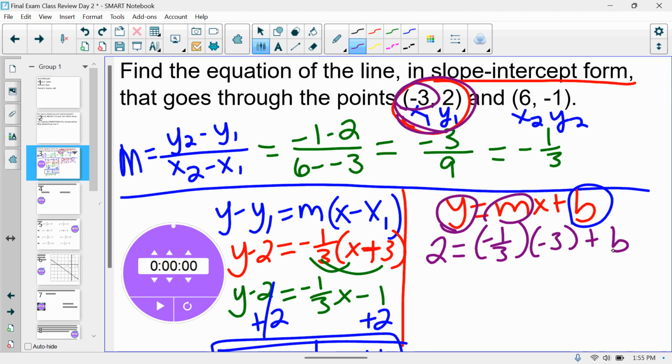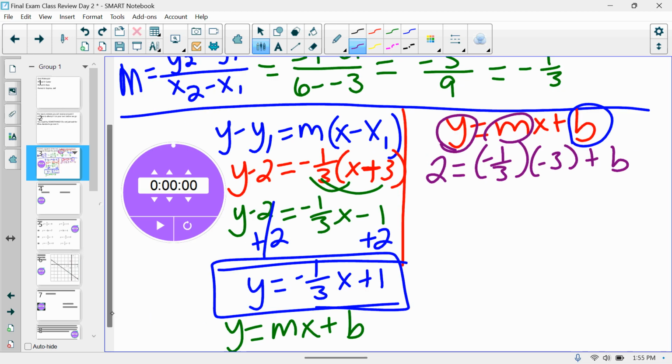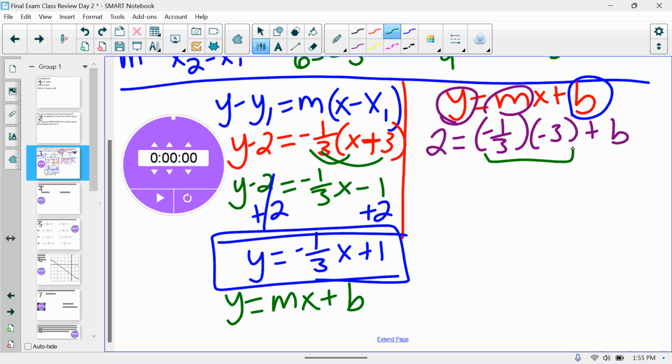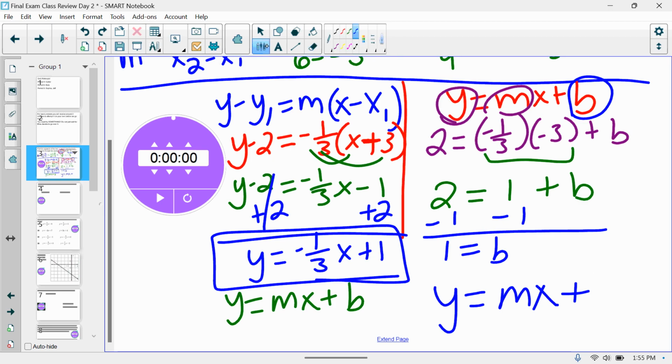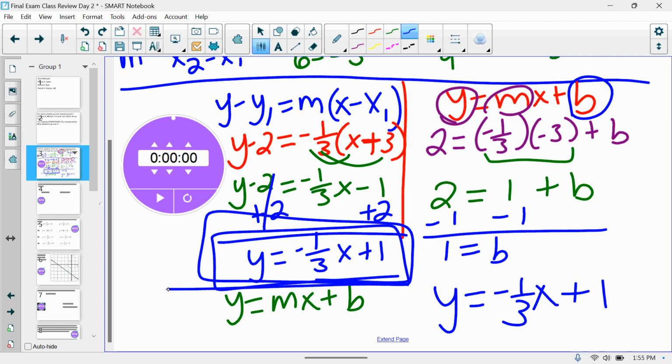Since we don't know b, we solve for it. We'd multiply these together to get 1, and then to solve for b, you'd have to get rid of this 1. 2 minus 1 is 1. Now that you know what b is, you're ready to write your equation, because you can fill in the b value you just found, and the m we found was -1/3. Notice we got the same thing that we got right here. You can do it either way. It's two methods to do the same problem.